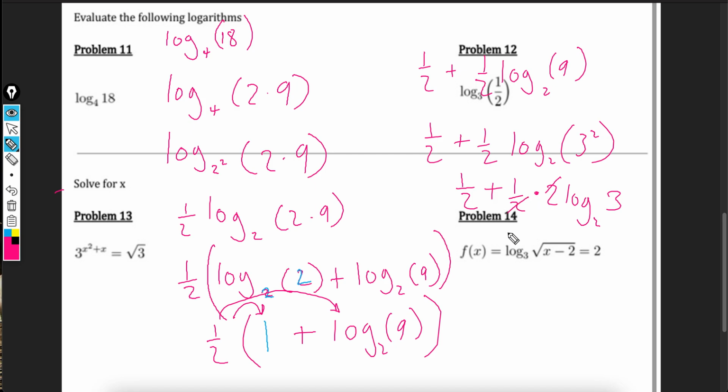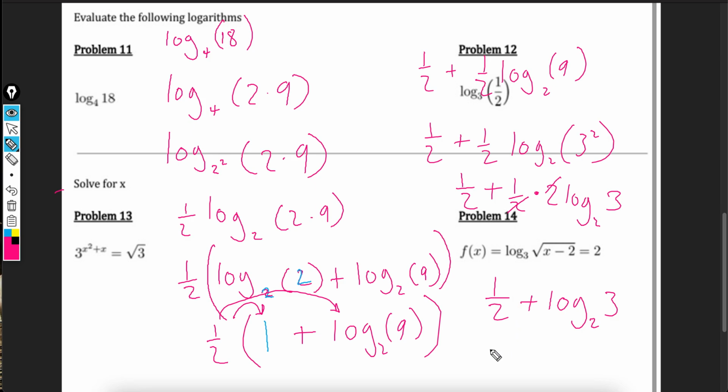Technically, this would cancel out with that. We would have 1/2 plus log base 2 of 3. We have a low base. 3 can't go anywhere else. I can't do anything else.